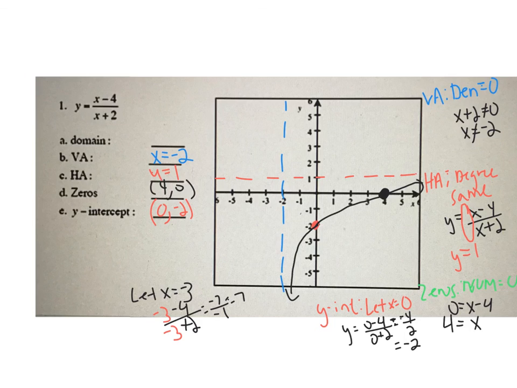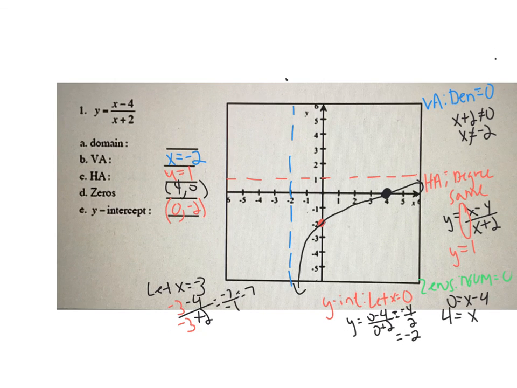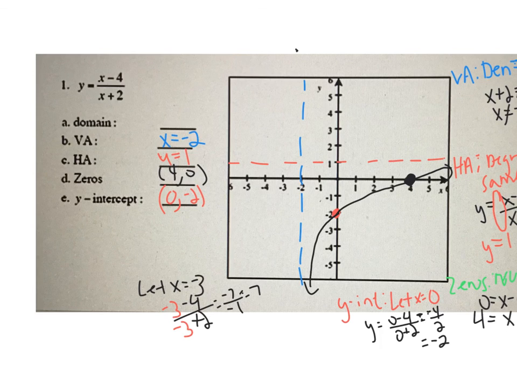So at negative 3, we have a point way up here. Our graph is going to extend towards the asymptotes in that direction and come back towards this asymptote. So there's the graph of this rational expression, y equals x minus 4 divided by x plus 2.